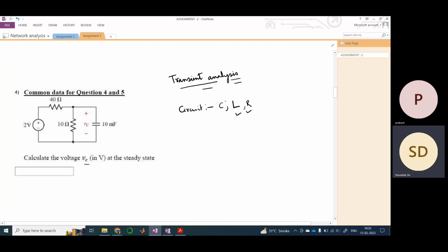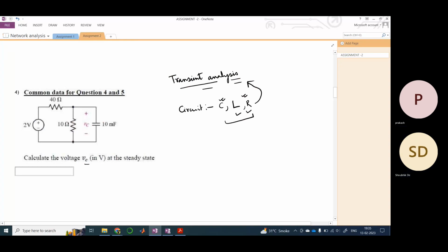Either this or this, or a combination of these would be there. These are the type of components you would expect in transient analysis.